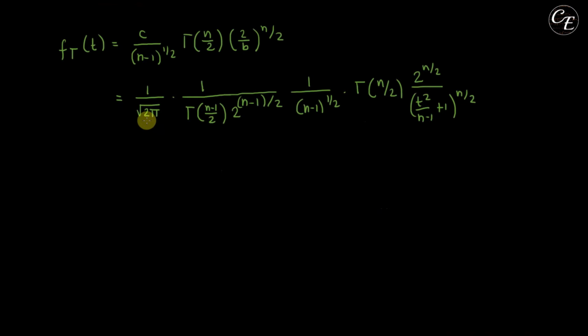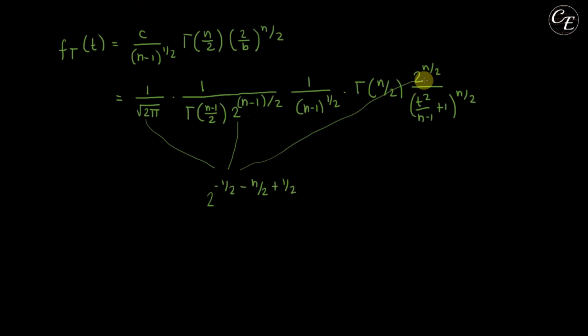And then we can combine this 2 in here, this 2 in here, and this 2 in here. So we have here 2 raised to, since this 2 is at the denominator, negative 1/2, and also this 2 in here is at the denominator, so we have here minus n minus 1 over 2, or we can just distribute this over 2 for each term in here, so we have here negative of n over 2, and then minus negative of 1 over 2, which is plus 1/2.